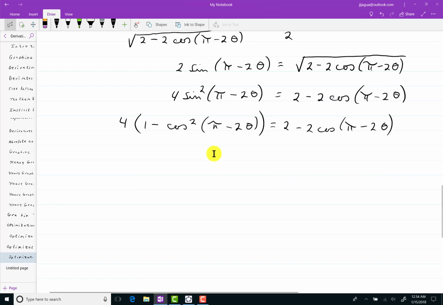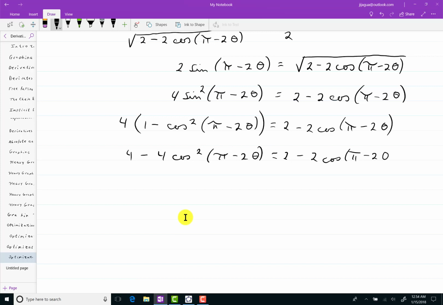Then let me just multiply out the left side. I'll get 4 minus 4 cosine squared of pi minus 2 theta equals 2 minus 2 cosine of pi minus 2 theta. And I'll gather everything to one side. So I guess I'll just take everything to the right side.